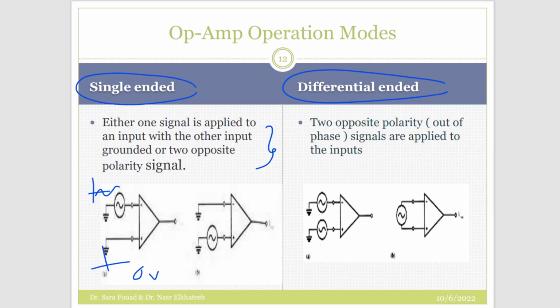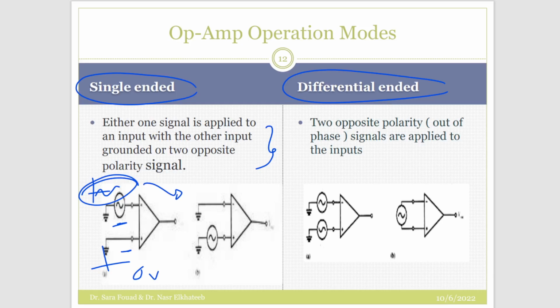But right here we are going to add the signal in the first input, and in the second input we are going to add 0 volts. So the difference between them is going to be the same signal, and this signal is the one that's going to be amplified.